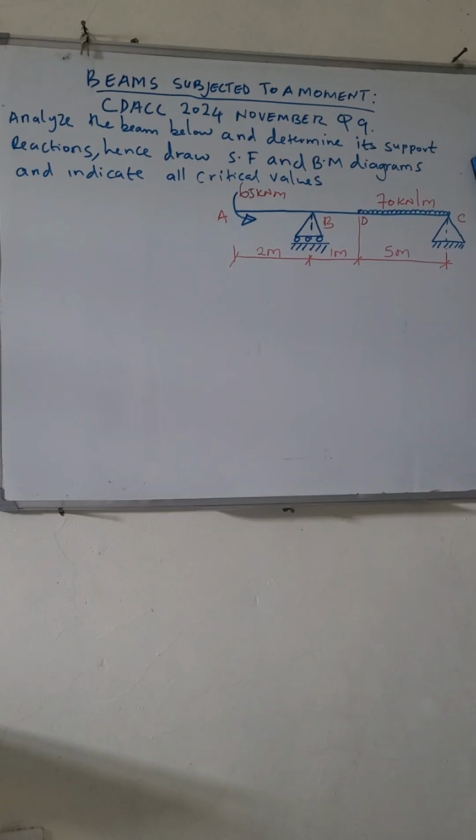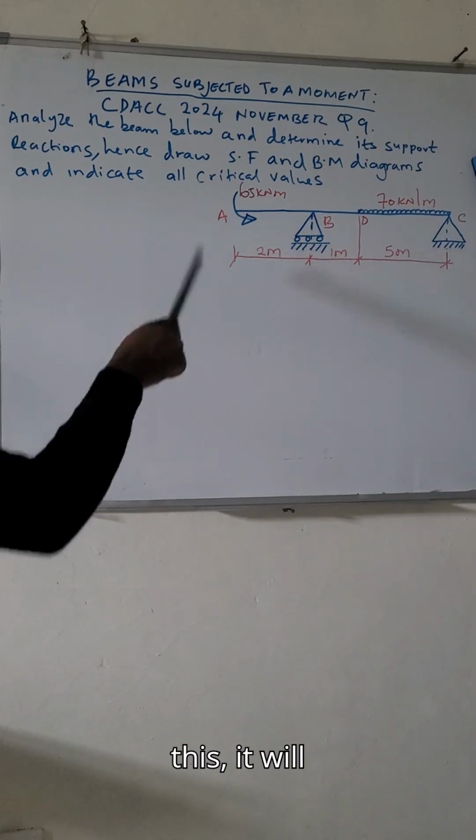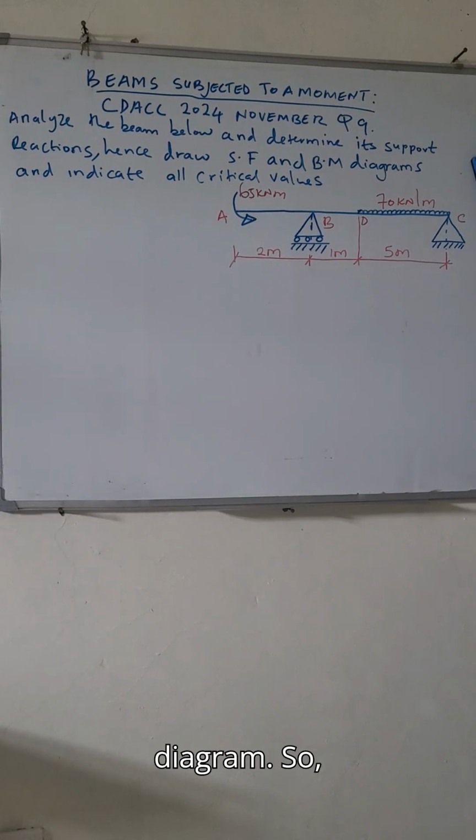So, while you will be drawing the shear force diagram, at a section of the beam where it is subjected to a moment like this, it will not affect the shear force diagram. So, in regard to that, I want to analyze a question from the Cdacc paper.